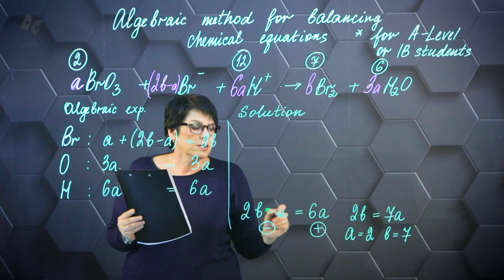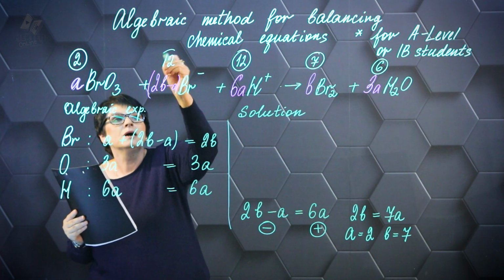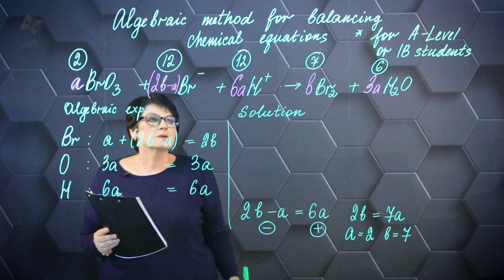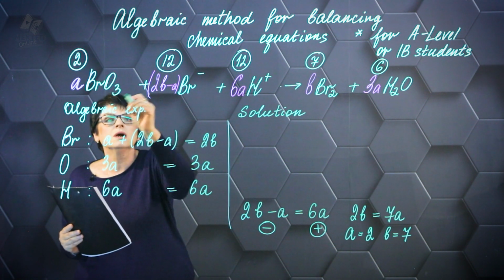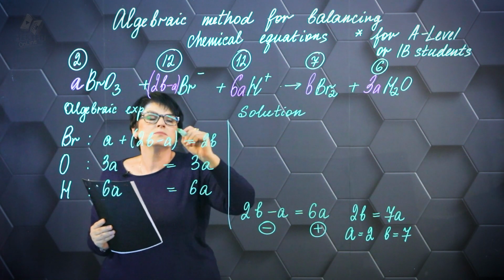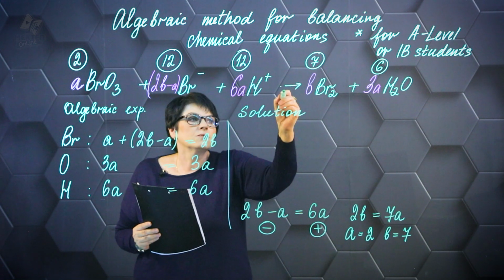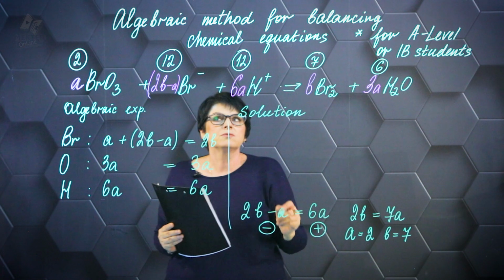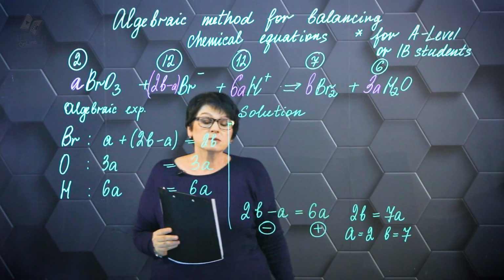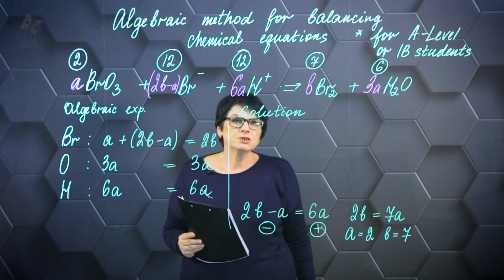And so our equation is 2BrO3 minus plus 12Br minus plus 12H plus equals 7Br2 plus 6H2O. One more time and we get this equation balanced through the mathematical method of matching.